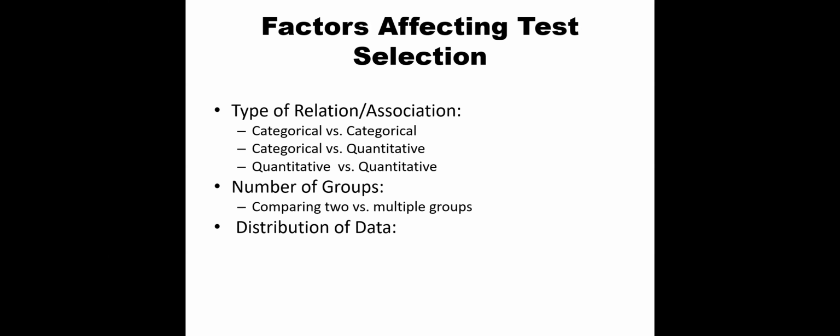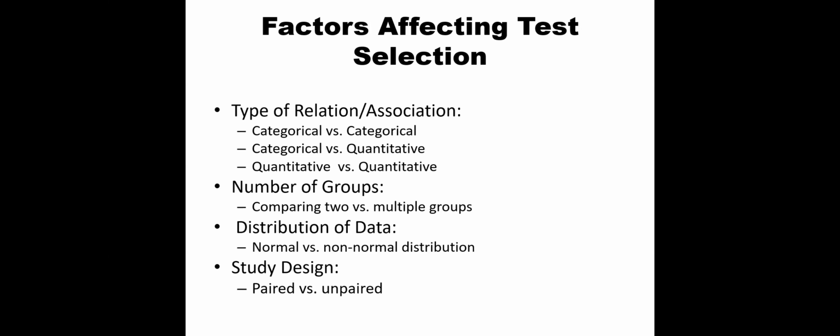Next thing which we should always see is the distribution of data on which we are applying the test. Generally, in statistics, 90% of tests are based on the normal distribution. So normality should be assessed before applying any test. So normal versus non-normal also decides the test which we have to apply.